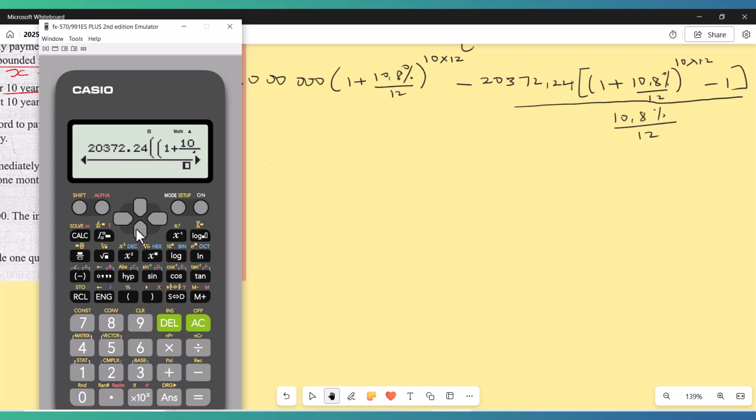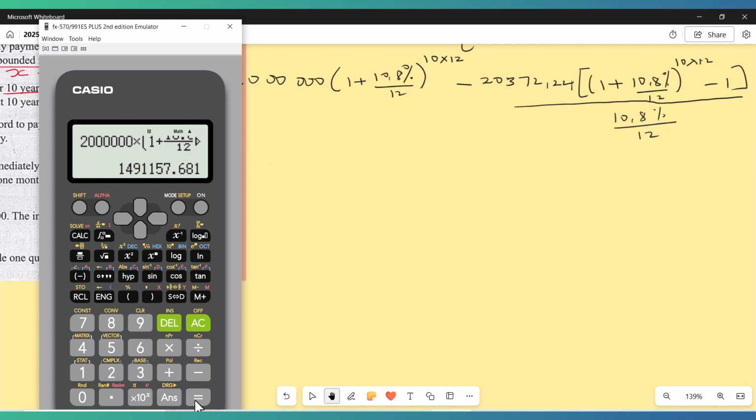Then divided by i, which is 10.8% divided by 12, and then get your final answer.